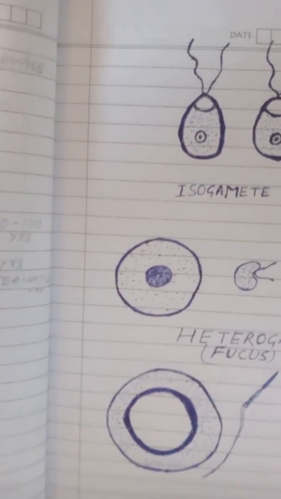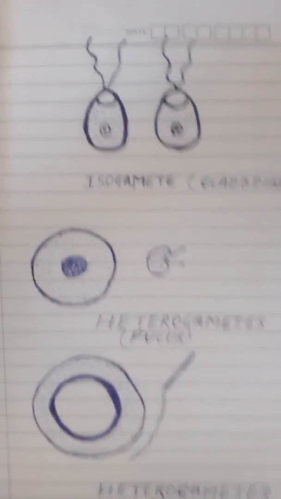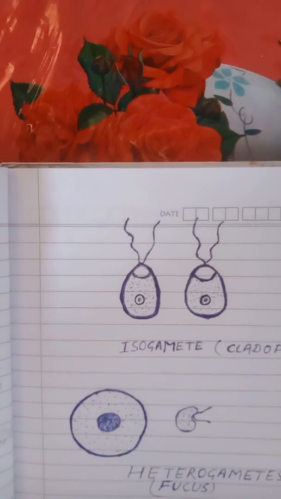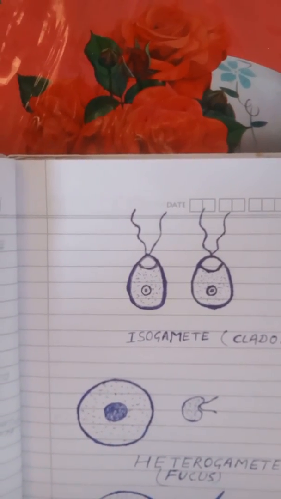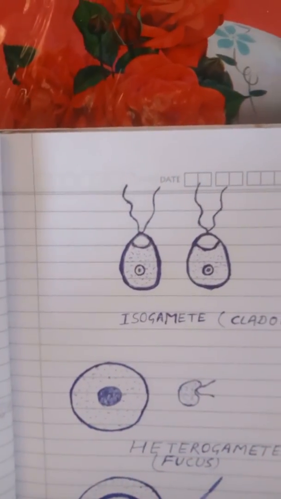In Fucus too, female gamete is larger and male gamete is smaller. And in isogametes you see that both gametes have physiological similarity, physical similarity, shape and size are similar. So these are the different types of gametes found in different organisms. Thanks.